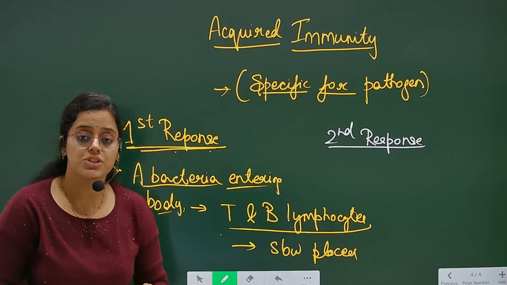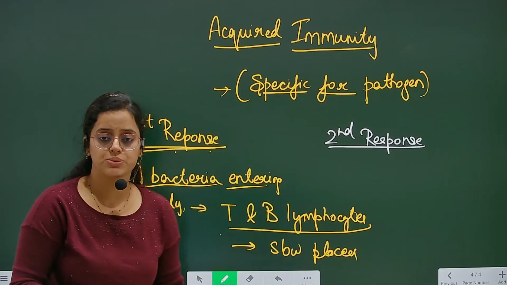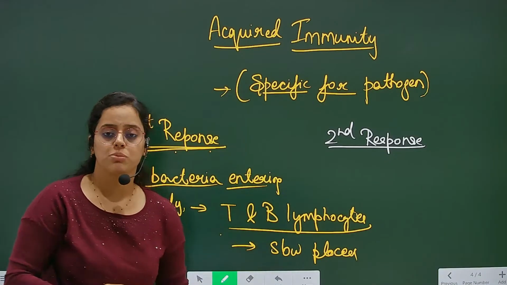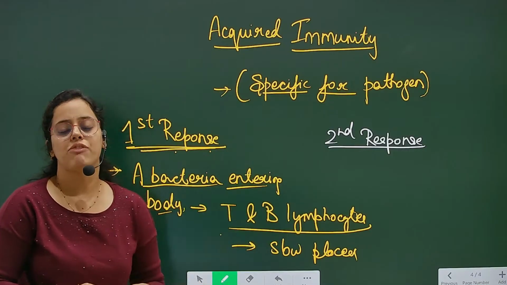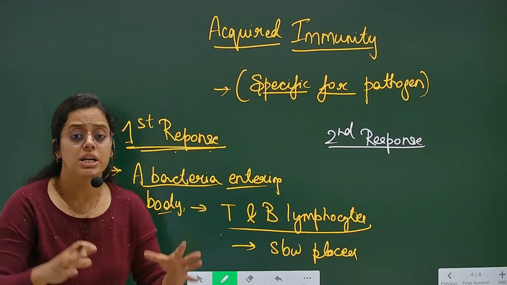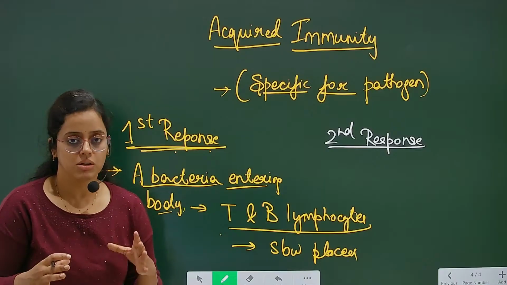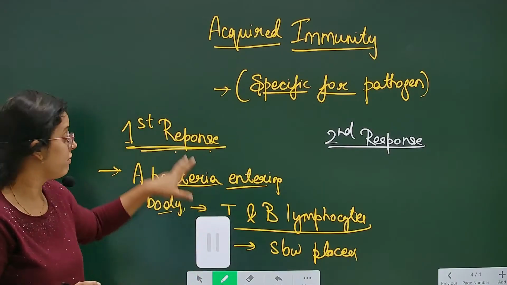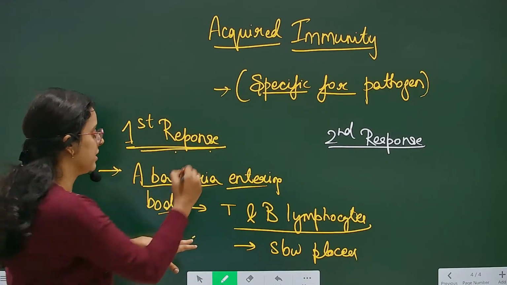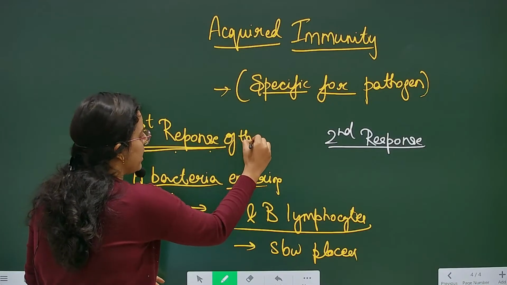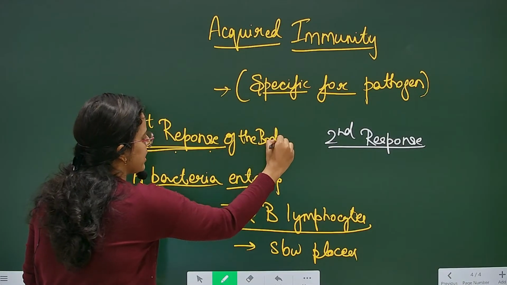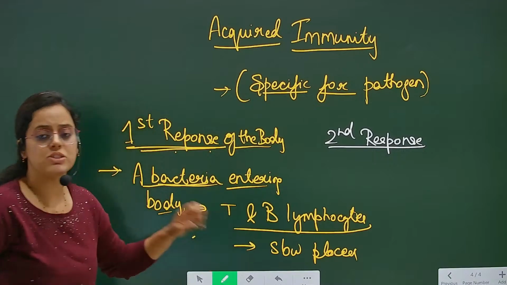According to the structure, antibodies have to be produced, T memory cells have to be produced, or B lymphocytes have to be produced. It takes time. So this first response of the body towards this bacteria will be slow.